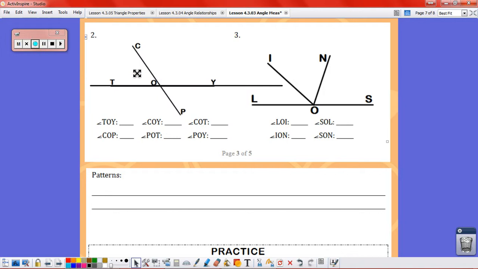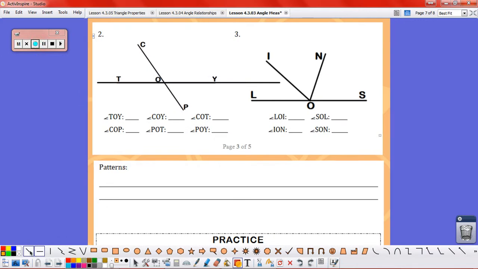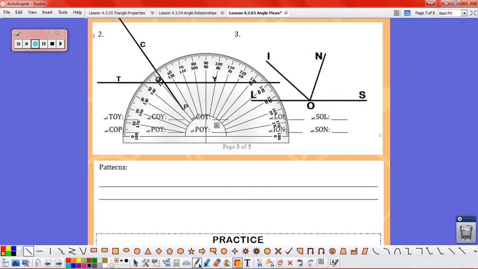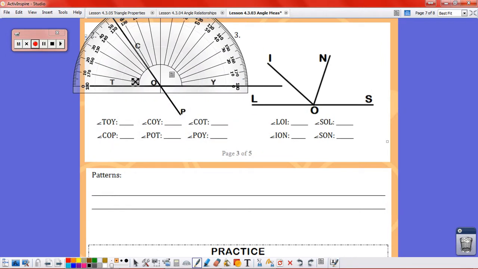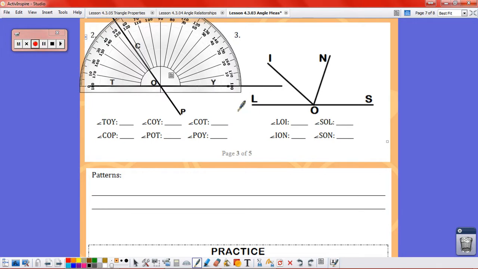Get my protractor back out. Line up my 0 point. It goes through at 55. Yeah, 55. Good. It's 55 and 125.